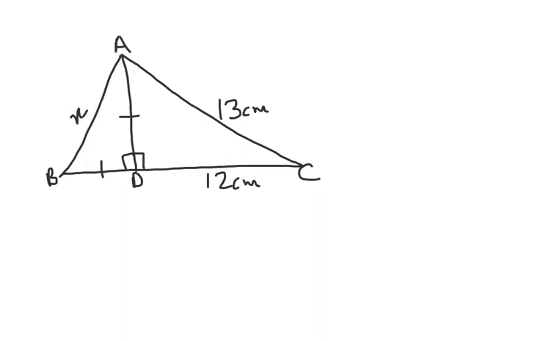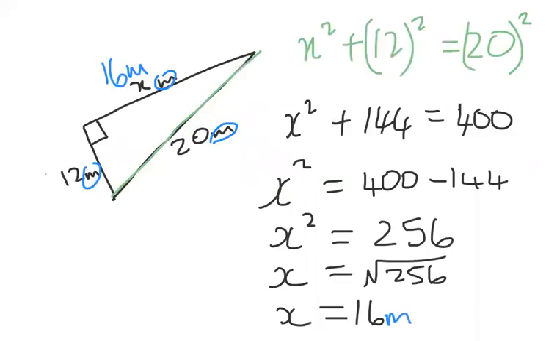Now, if you have a sum like this, what is important is to understand the approach we're going to take. See what we have and see what we need. So we need this side over here. But like I mentioned, to get one side, if you look at our previous sums, you need at least two other sides and the 90 degrees.